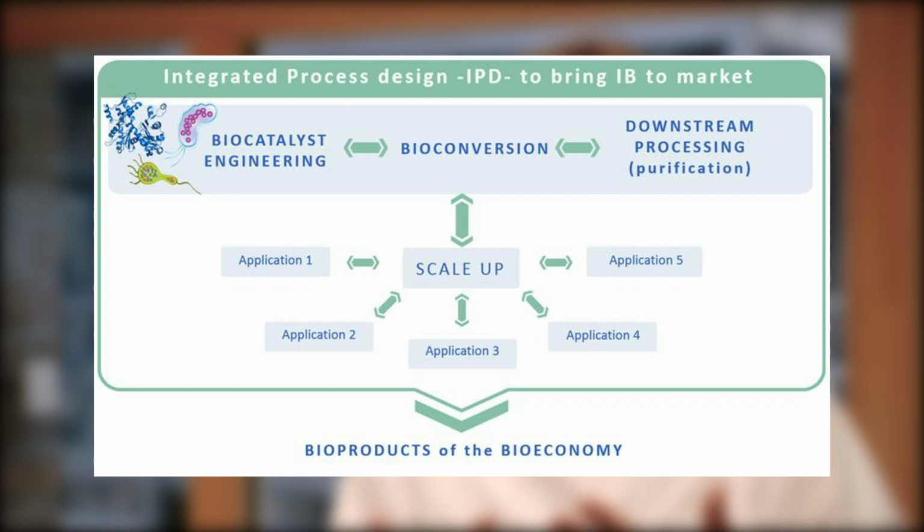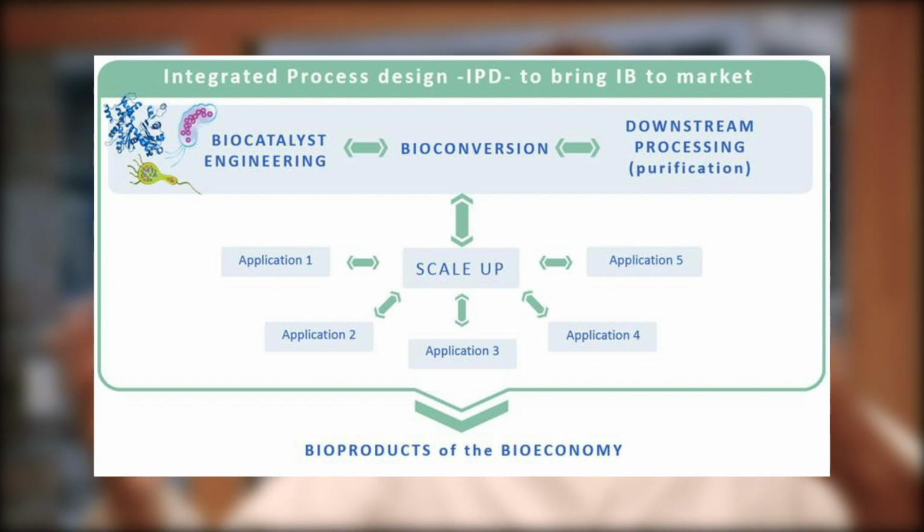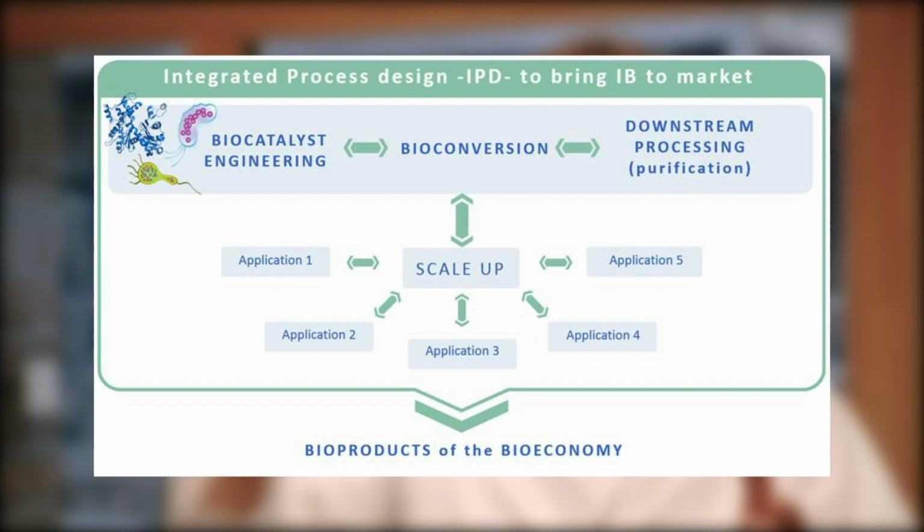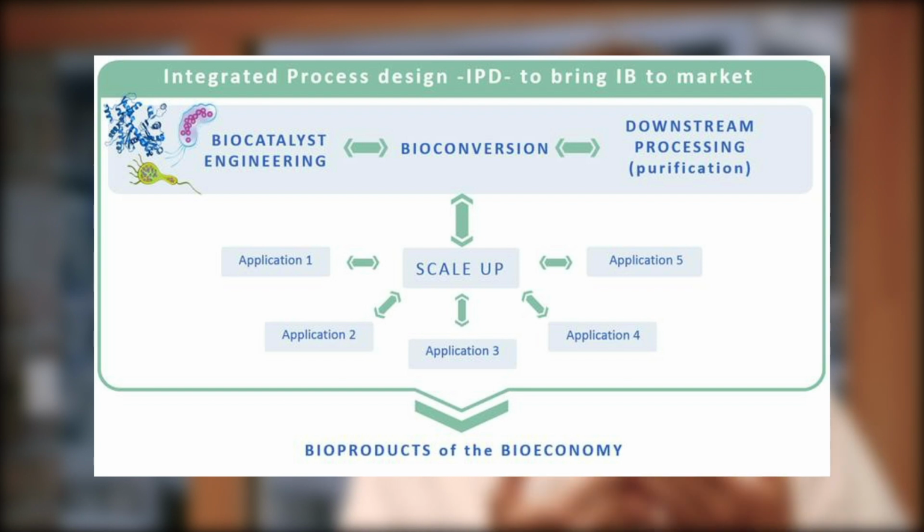So in order to get a new bioproduct to the market, we need this integrated bioprocess development. Very often this process is not linear. It's not so that you can say we do 1, 2, 3, 4, 5 and we're done. Very often there are iterations. What you sometimes see is that a strain which works very well on a lab scale does not work very well on a large scale.